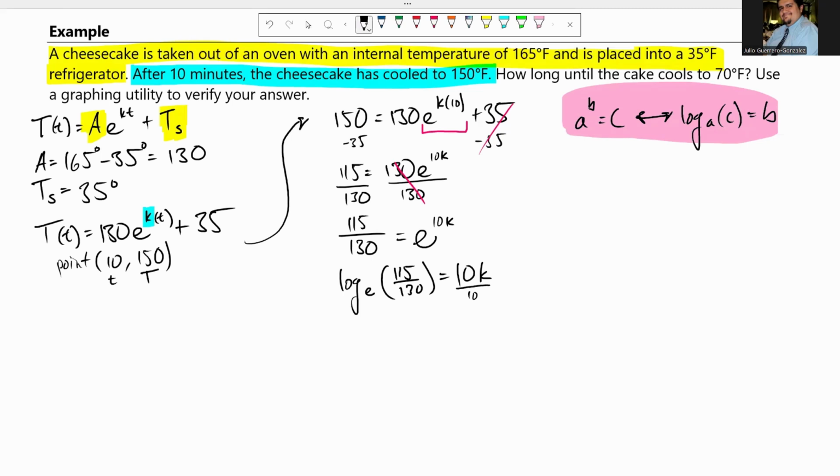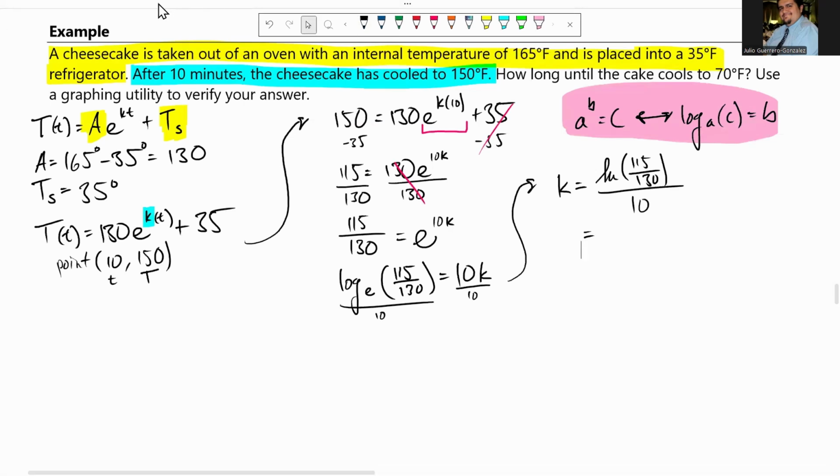Divide all this by 10. I'm going to go up here. k is equal to log base e, which is ln, of 115 over 130, divided by 10.